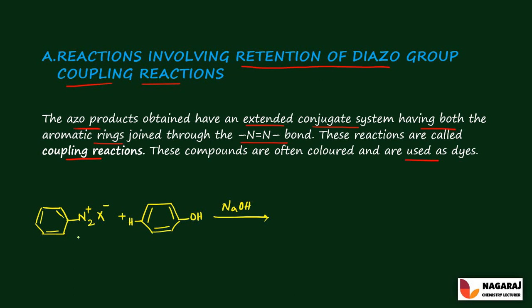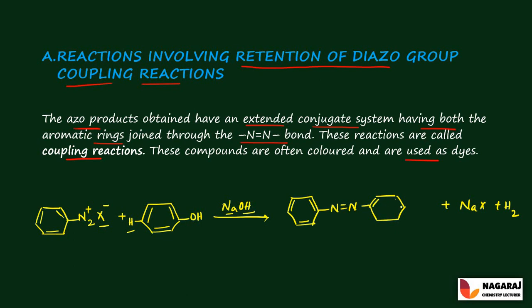The two aromatic rings are joined through the N=N bond, and X is eliminated along with sodium, giving NaX. The hydroxyl group combines with the hydrogen to give H2O, and the remaining aromatic ring and hydroxyl group are attached to the diazo group.